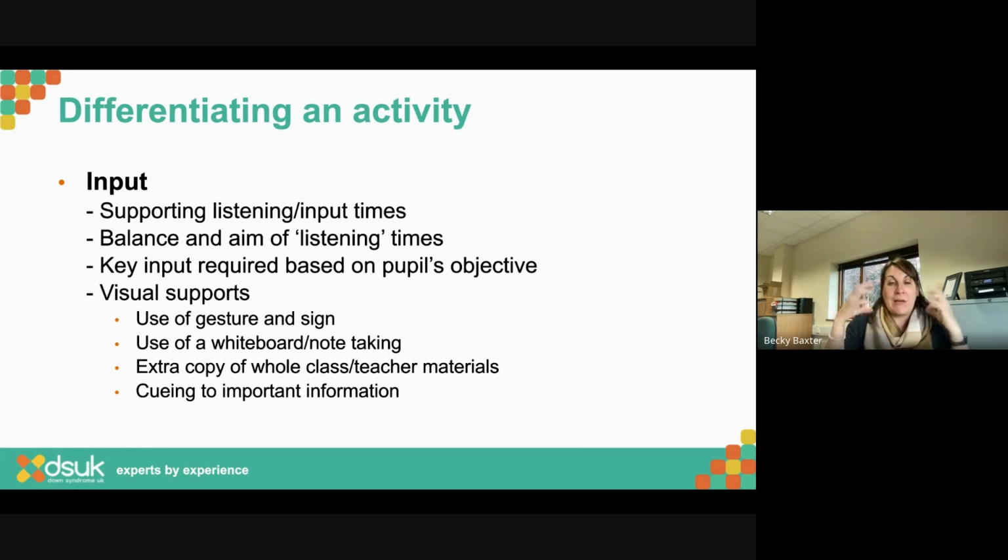So you want to have some starter activities, some resources, some visuals there, thinking about what's my key information and having that available visually for the pupil to be looking at, be reading, be matching whilst the teacher's doing that talking. So use of gesture and signing is helpful because obviously it's visual.